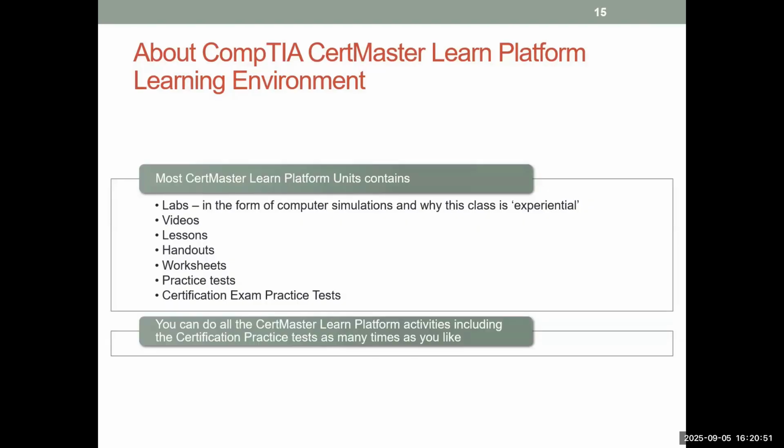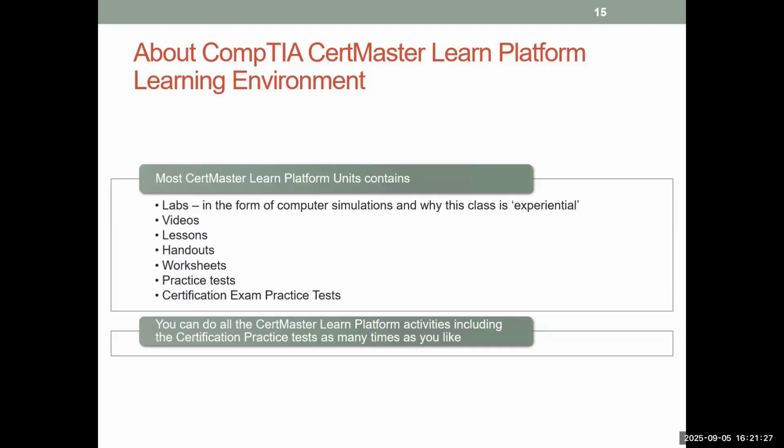So when you purchase your course, one of the things you need to do is look at how long it is and how much is in there, and then figure out how many weeks you have to study it, what your schedule looks like, and calculate how much you need to get through every week in order to be where you want to be by the time you're ready to take the practice exam, which is in November, and then the final exam, which is in December. Each of the units is going to contain labs and videos and lessons. There are handouts, worksheets, and practice tests. They provide the content in lots and lots of different ways.